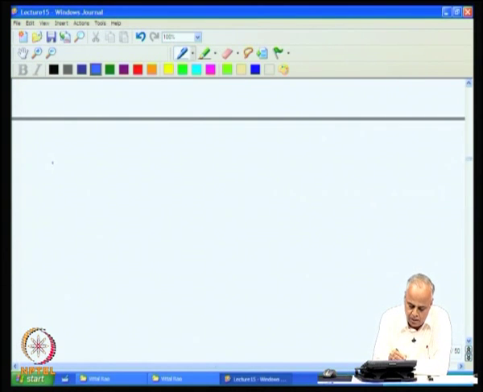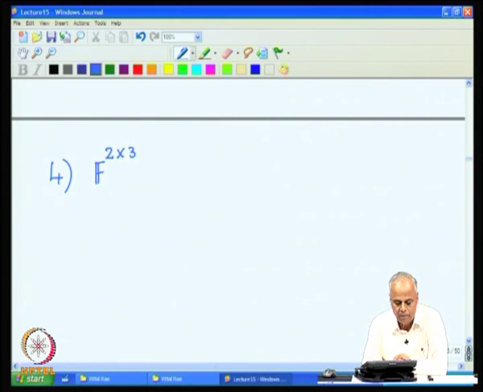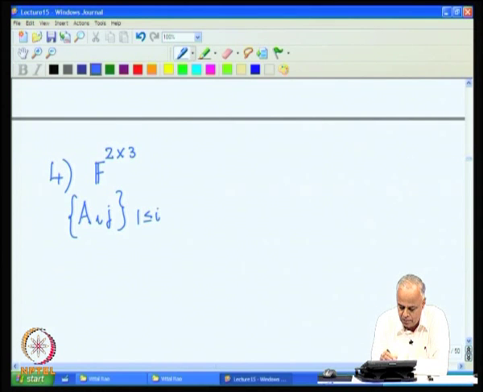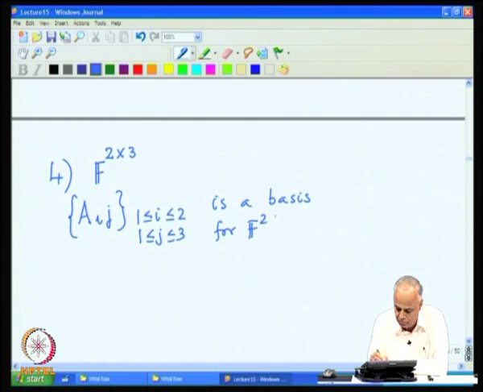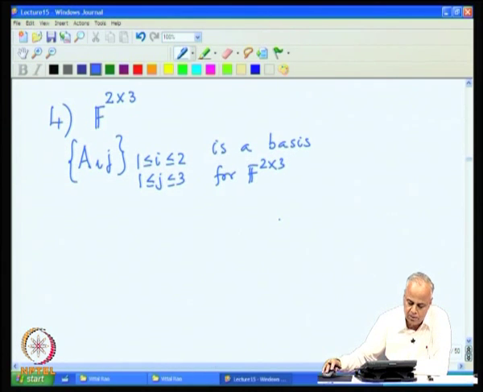Let us next look at the example of 2 by 3 matrices over F. We have already seen that Aij, 1 less than or equal to i less than or equal to 2, 1 less than or equal to j less than or equal to 3, is a basis for F23. What is Aij?